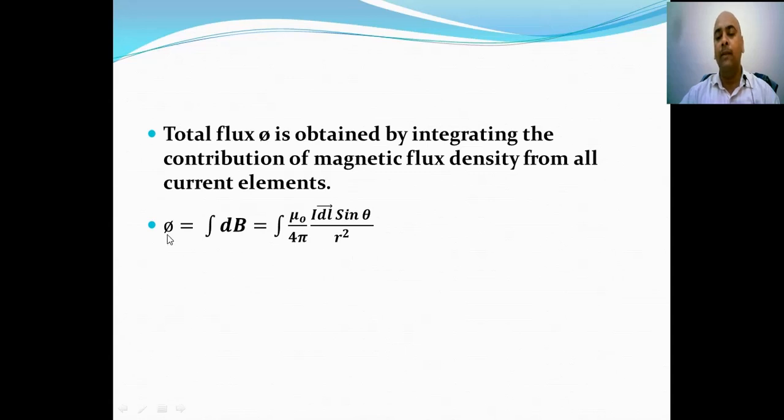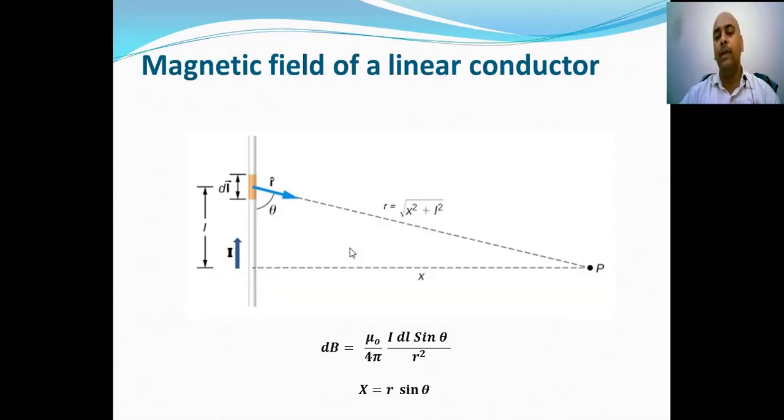So the total magnetic field can be obtained by integrating dB, that is by integrating mu naught upon 4 pi, IDL sin theta upon r square, for the whole line. Next we will calculate the magnetic field due to current flowing in an infinite length conductor. So let us suppose we have a conductor whose length is infinite.